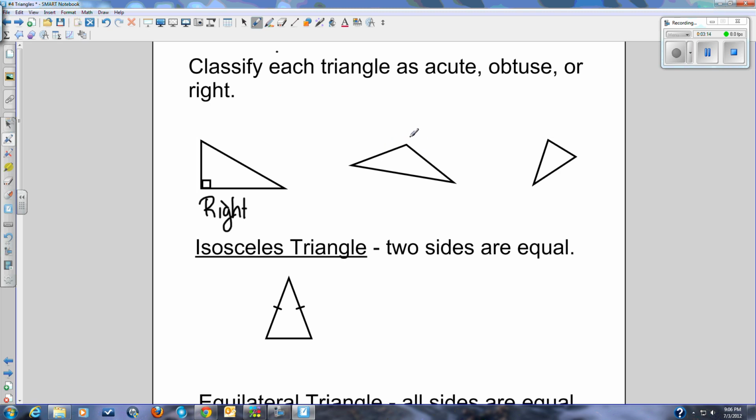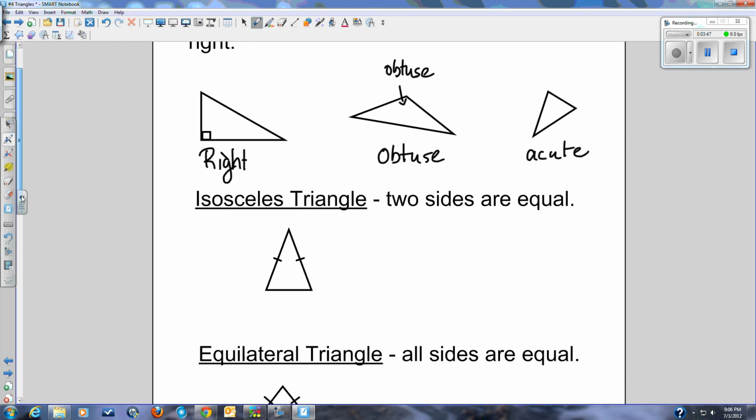We can see that this angle right here that I'm pointing to is obtuse. So we're going to say this is an obtuse triangle. Now the last triangle has angles that are all acute because acute angles open less than halfway, and we can see that all of these angles open less than halfway. These are acute angles.